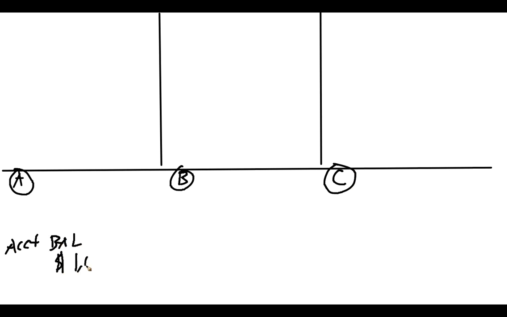So anyway, we have three scenarios: scenario A, let's put A, B, and C. Now, let's say you're an investor and you have an account balance of, let's say, 1,000 bucks. And this is what we call your initial capital.